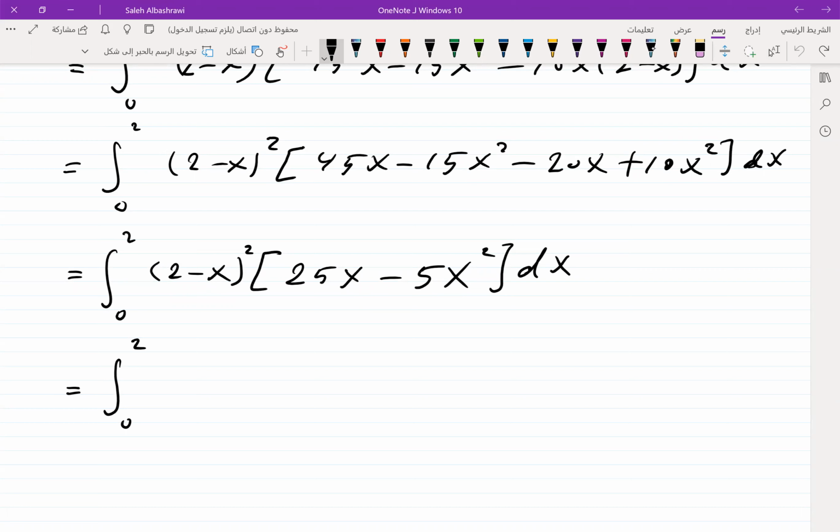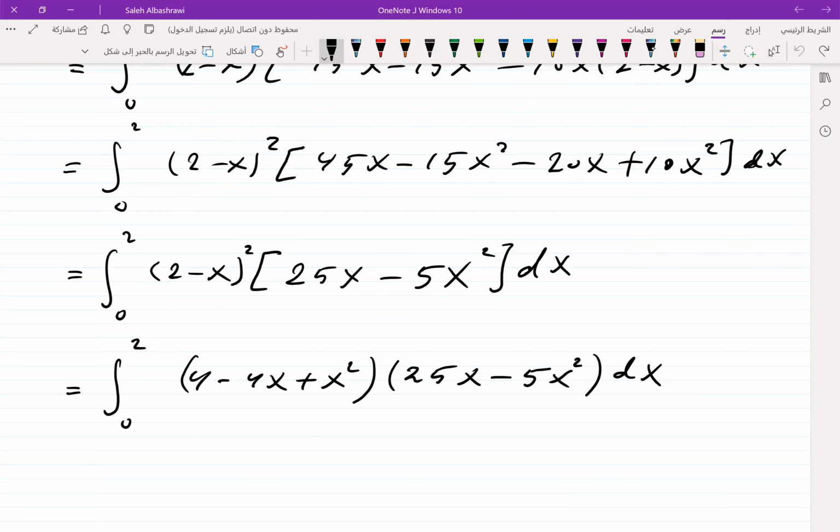I have now (4 minus 4x plus x squared) multiplied by (25x minus 5x squared) dx. We can open the bracket and integrate.